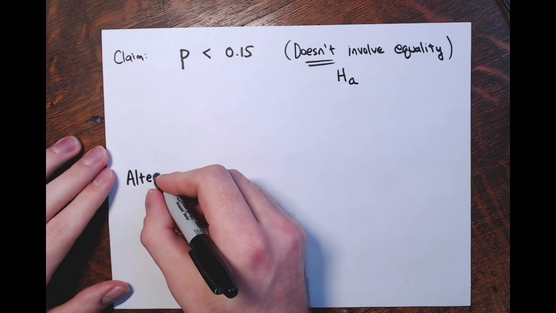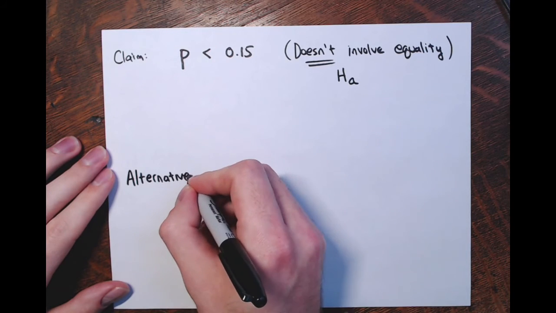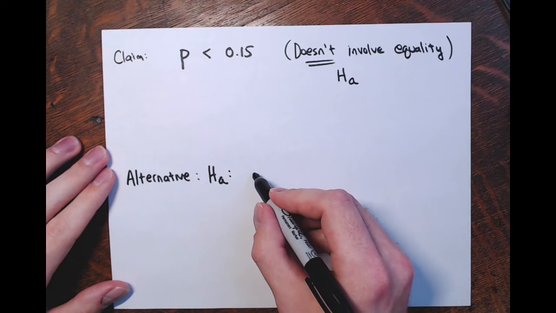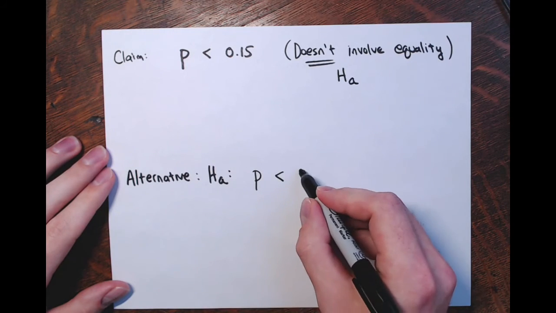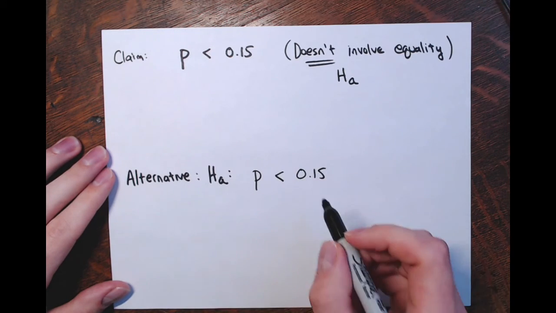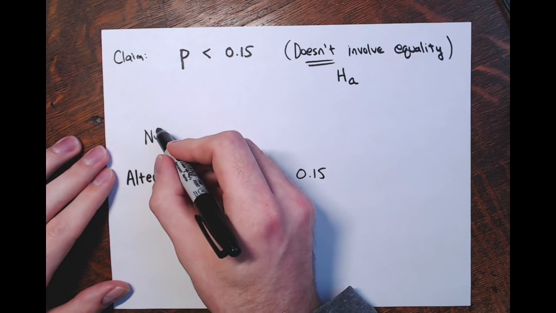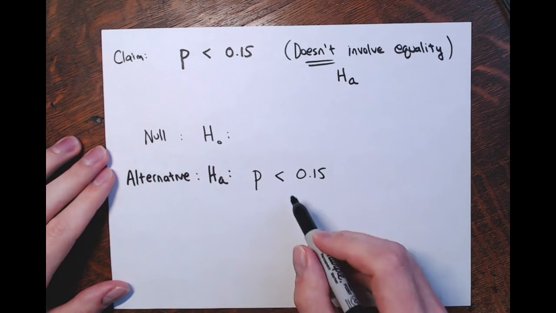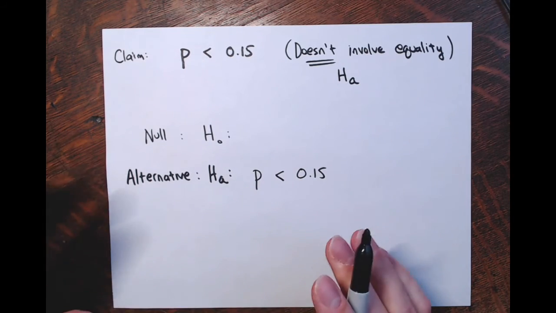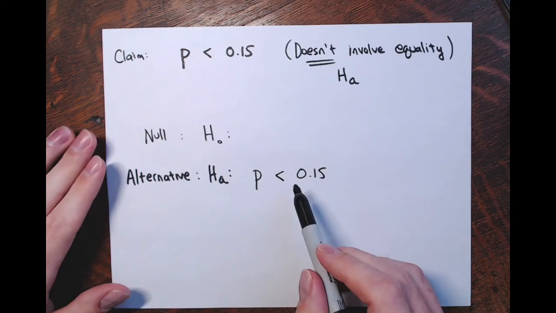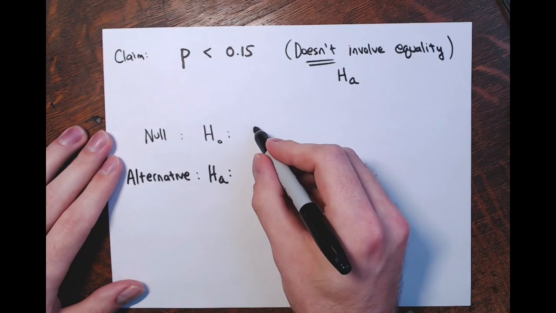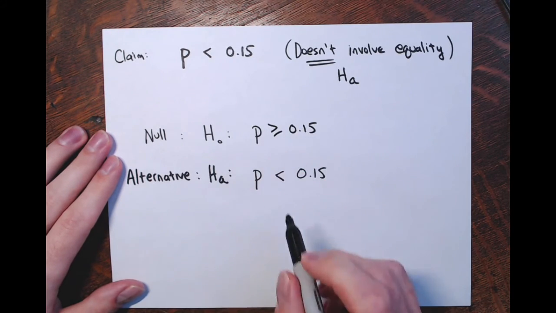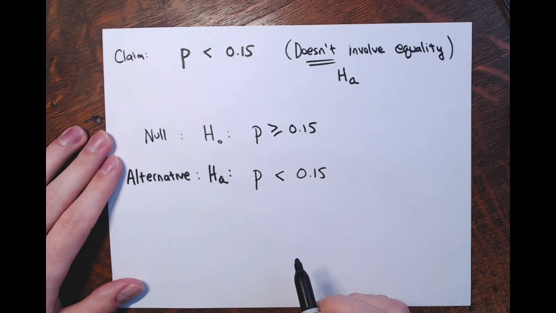So when you're forming your hypotheses, that HA is just what the claim is, that P is less than 0.15. And then the null hypothesis, H0, is the opposite of this. Now, in some books, the opposite of less than is greater than or equal to. So this would be totally valid.